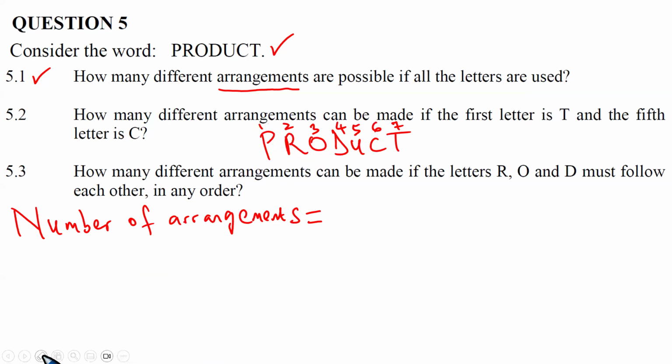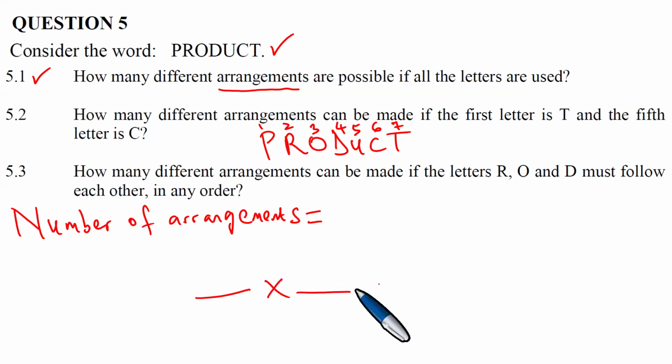Now, if this is the case, we want to do the arrangements, and this is how we do the arrangements. We decide that we're going to arrange these in a straight line. We can do that in a straight line, or we can do that in a circle.